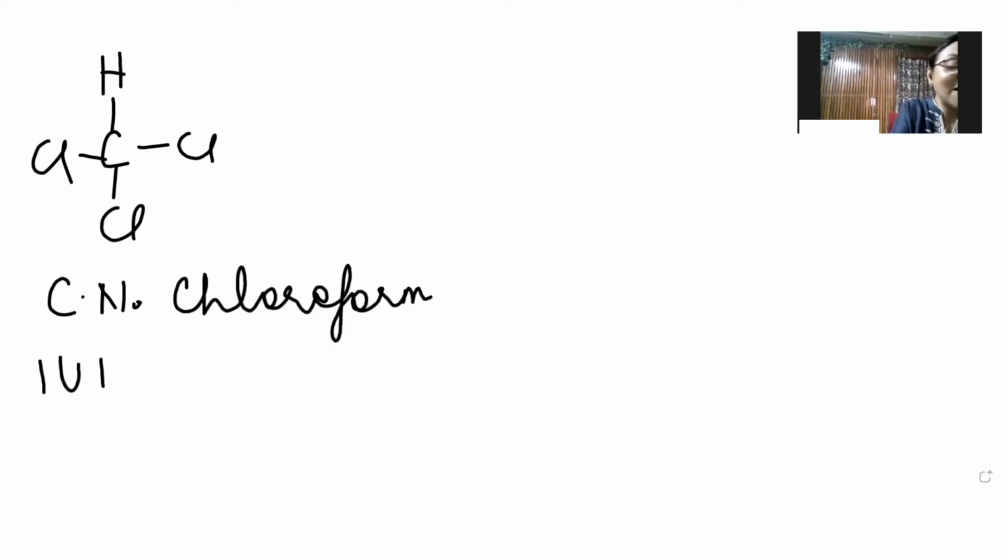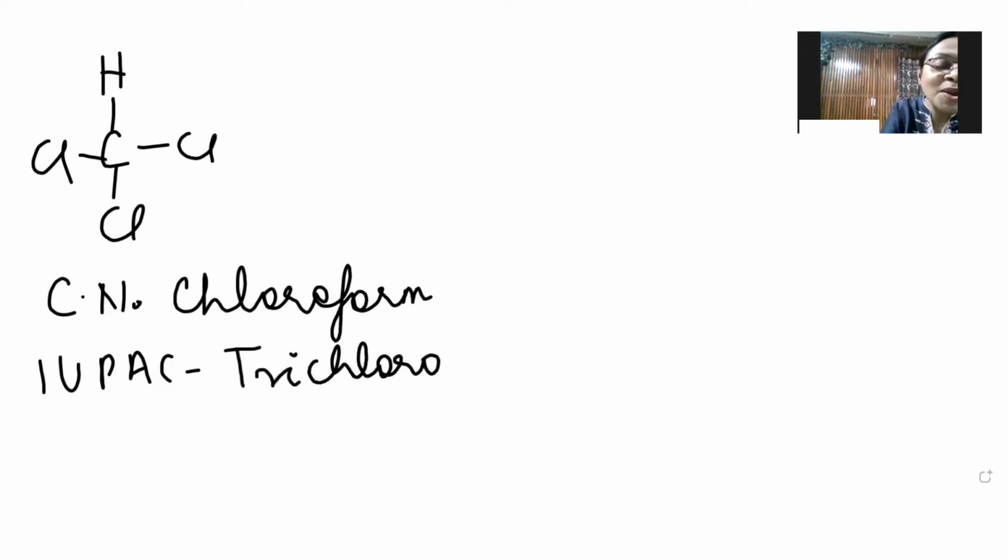Right? The IUPAC name is, you can put 1,1,1-trichloromethane, but it is obvious that it has to be 1,1,1. So you can just drop the 1,1,1 and simply write trichloromethane, because it is obvious that there is just one carbon and you need not write 1,1,1.